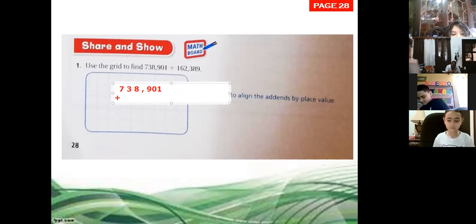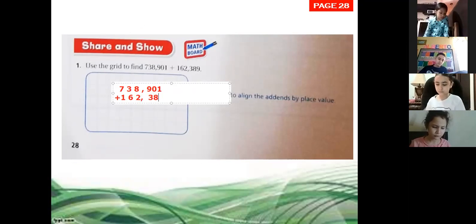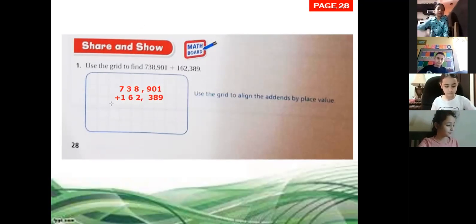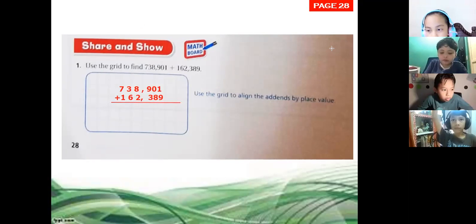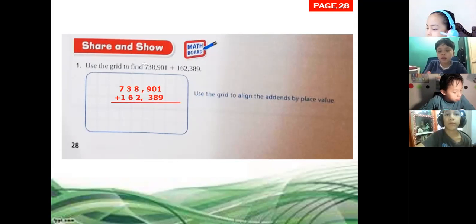So let's see who else wants to share the total of this addition. Who finished? Who found the answer for this addition? And remember, I have to say the number in English. Santiago Chavez, what is the answer that you got from this addition?